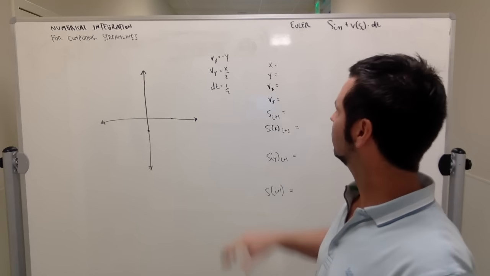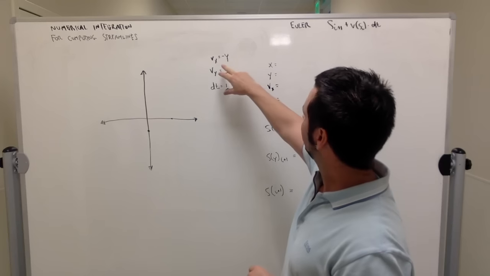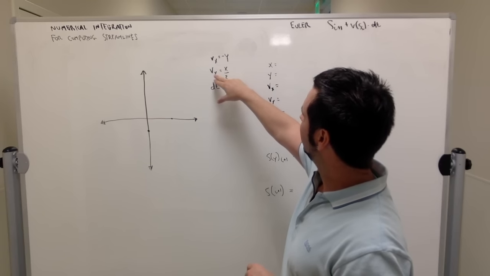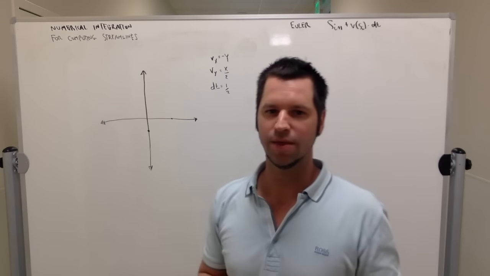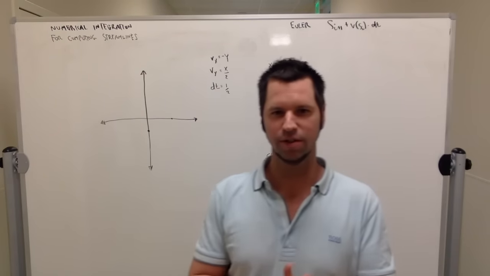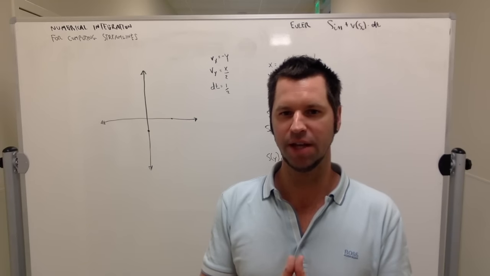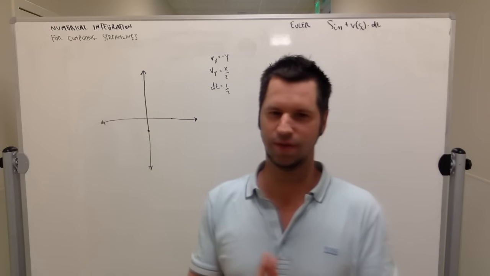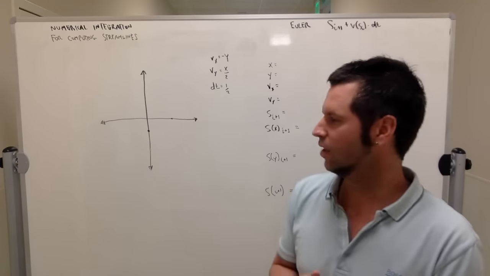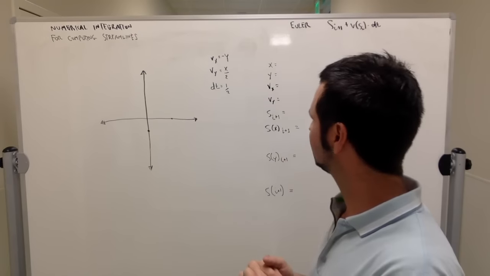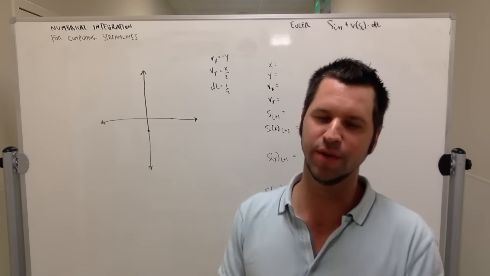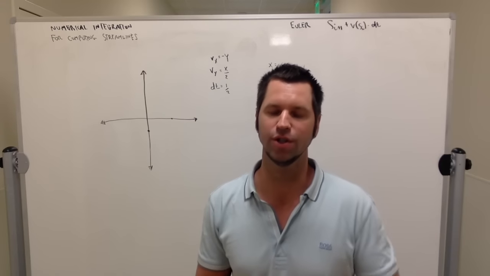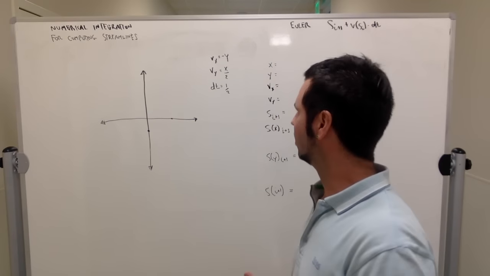That means Vx is always minus y, and Vy is always x over 2. When it's an analytical vector field, given any position in the field, we compute the velocity. That's as opposed to a sampled vector field, in which we would need interpolation to get the vector samples.